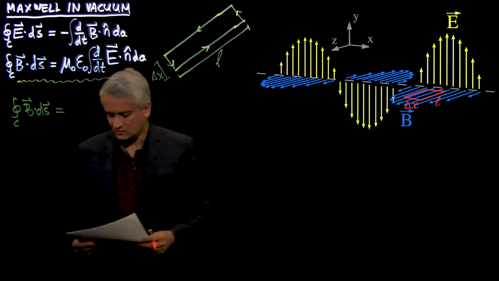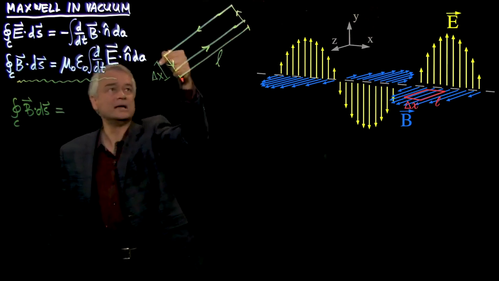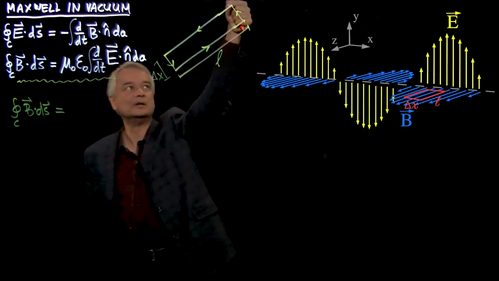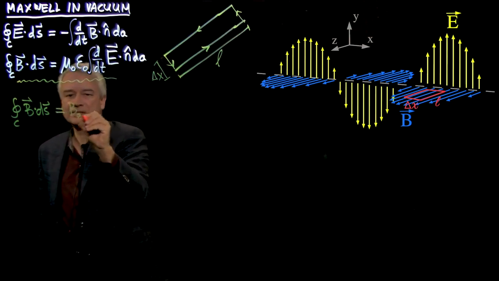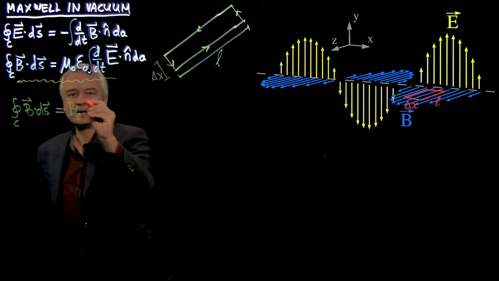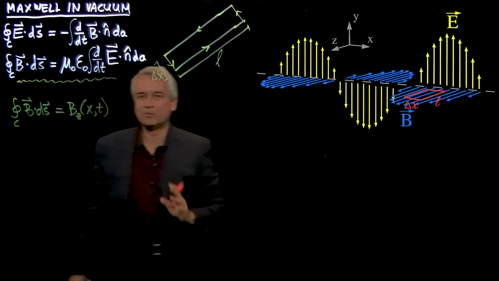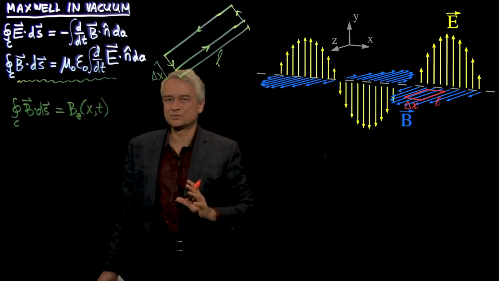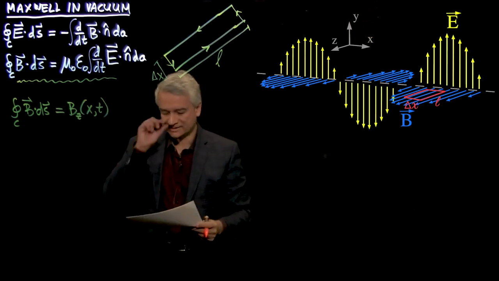Well, from this side of the loop, we get Bz evaluated at position x and time t. The time t is the moment at which we've taken this snapshot. The entire analysis is going to be at one moment in time, which I'm calling t.